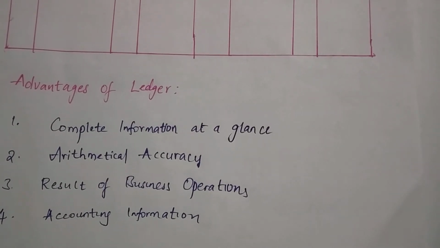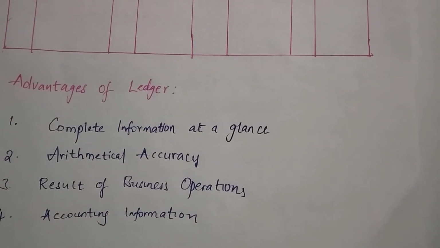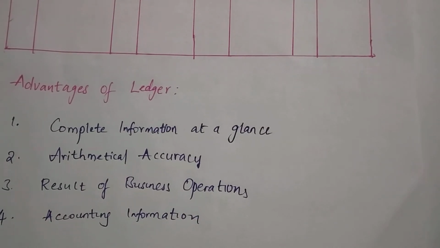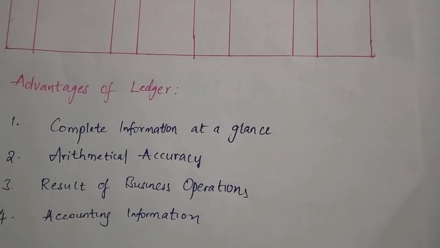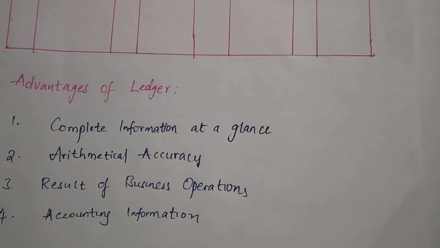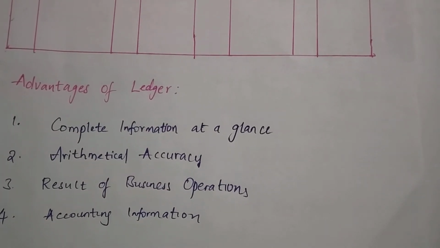For example, in the ledger we have a lot of accounts like sales account, purchase returns account, personal accounts like Ramu, Somu and Purna, drawings account, and expenses accounts such as stationery expenses account. The data supplied by these ledger accounts are summarized, analyzed, and interpreted.